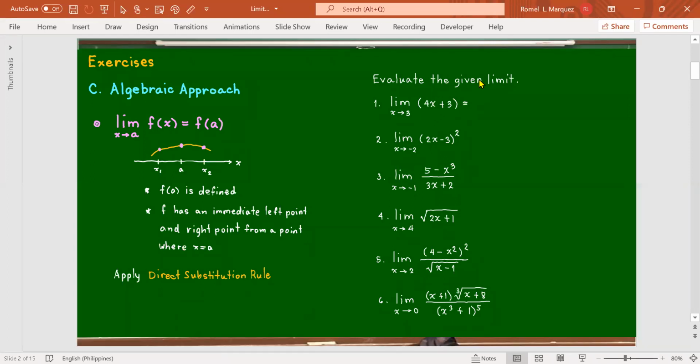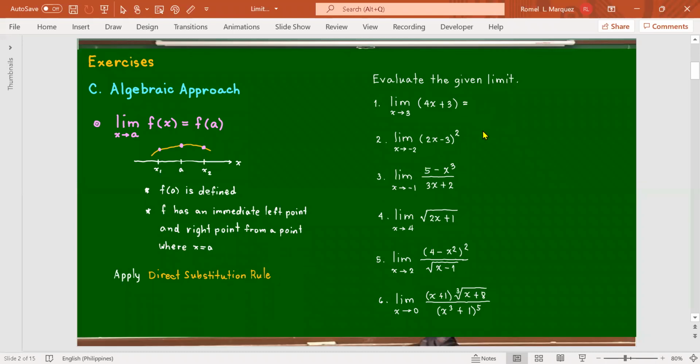Let's have number one. Evaluate the given limit: limit of 4x plus 3 as x approaches 3. Now, this is a linear function, and we know that a linear function has a smooth graph, right? So there is no problem to the left of 3 and to the right of 3, no? So it is guaranteed that there is an immediate left point and an immediate right point from x equals 3.